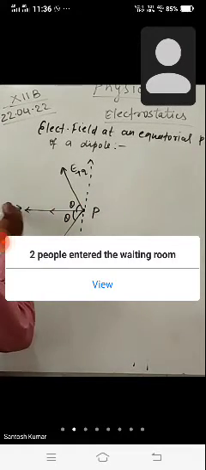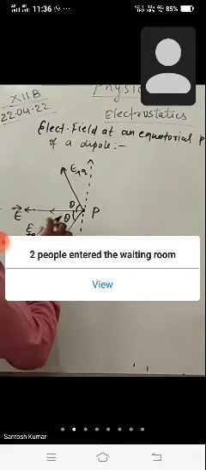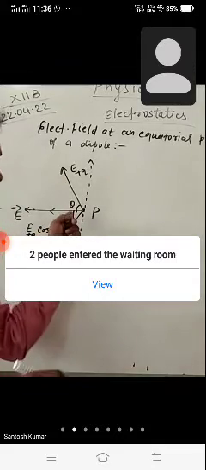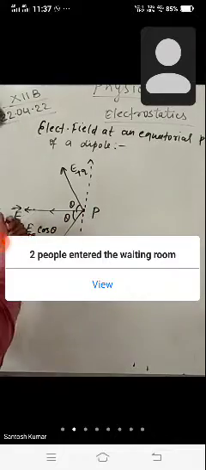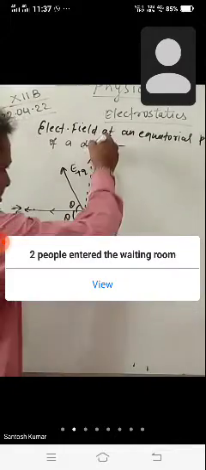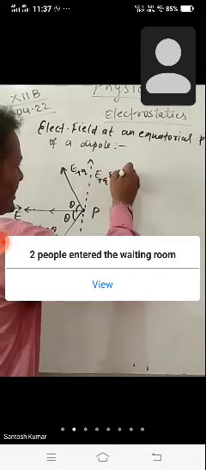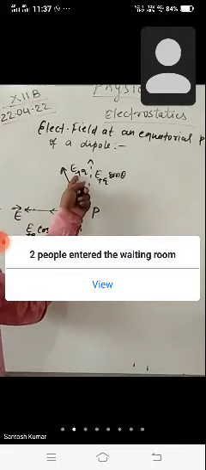This I have shown in the class: E plus Q cos theta, the component along this direction of the electric field, and this is the perpendicular, E plus Q sin theta. These are the vertical and horizontal components of E plus Q.